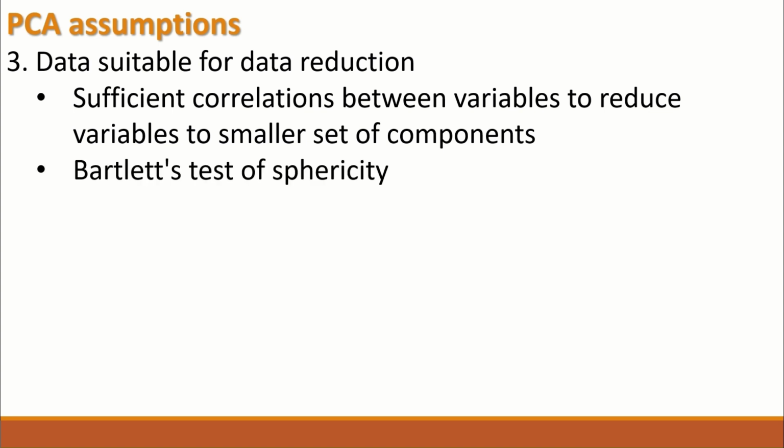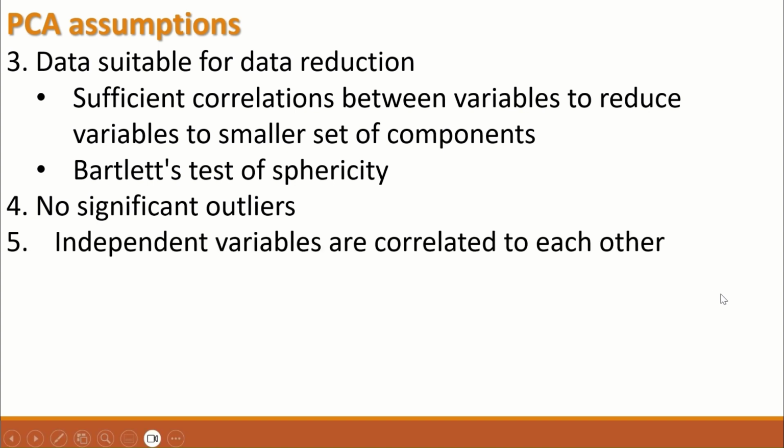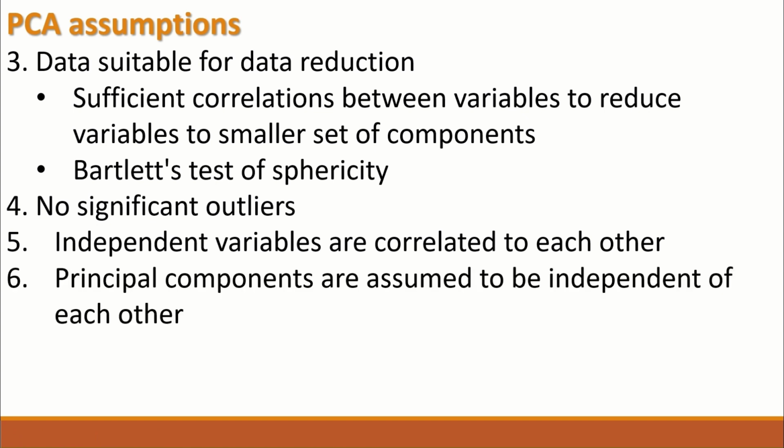The Bartlett test of sphericity can be performed to test this assumption. The fourth assumption is that there are no significant outliers, and the fifth assumption is that the variables are correlated to each other.